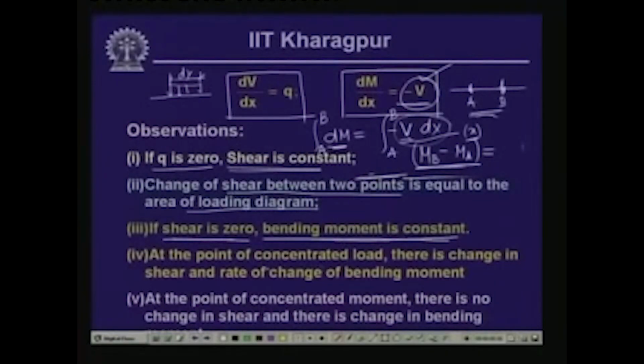Now, at the point of concentrated load, there is change in shear and rate of change of bending moment, that is what we have observed right now. And at the point of concentrated moment, there is no change in shear, but there will be change in the bending moment. So, these are the different kinds of loading as we have looked into, and their relationship with the shear and the bending moment can be summarized in this form.